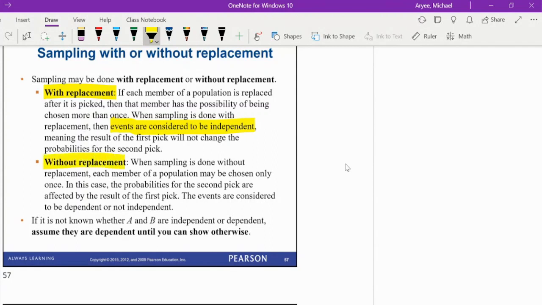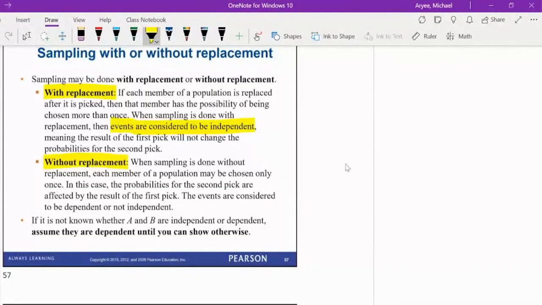However, when you see without replacement, anytime the next result, you're going to be one short the other one. In that particular case, we will consider those events dependent.